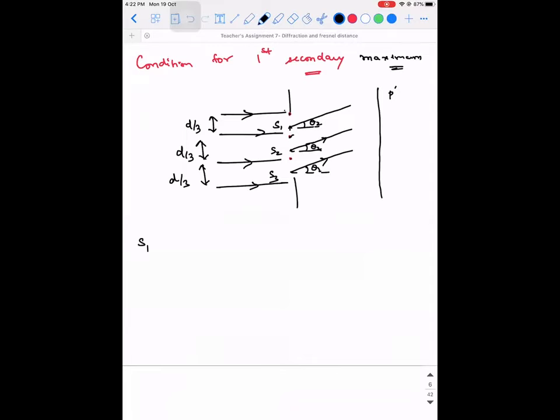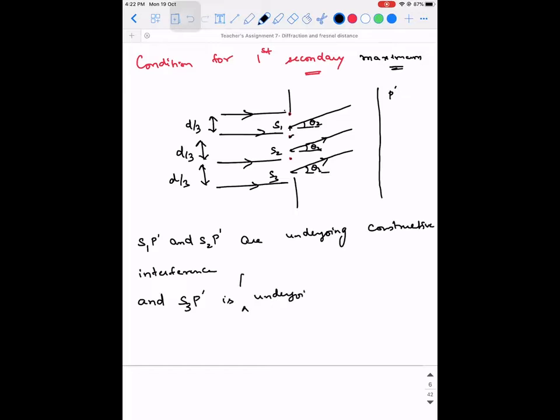I am saying S1P dash and S2P dash are undergoing constructive interference, and S3P dash is further undergoing a constructive interference. At which point? At point P dash.